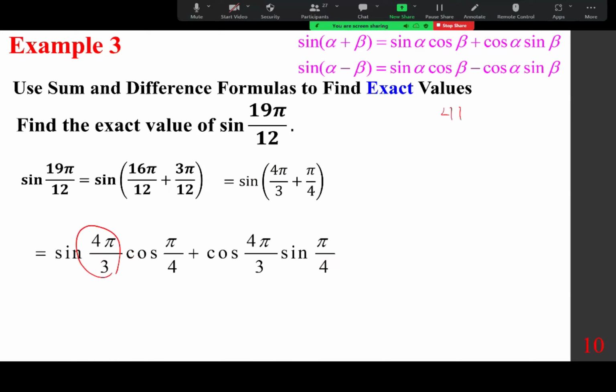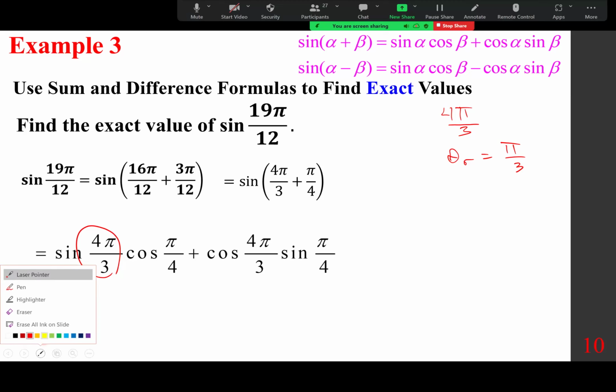So 4 pi over 3, the reference arc is pi over 3. What it means is that sine and cosine for this one also have the same value. You just have to figure out whether positive or negative. So think about pi over 3. It's the same as sine of pi over 3, which is square root of 3 over 2. However, this is quadrant 3.